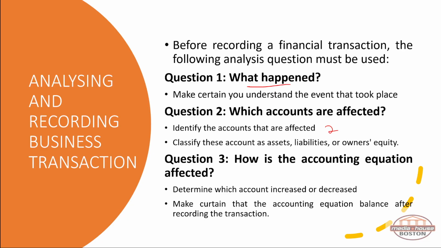So we indicate it by crediting the account and putting a minus, showing that it is decreasing. Then the last thing you need to do is make certain that the accounting equation balances after recording the transaction. This is the most important thing. Does your accounting equation balance at the end of the day?